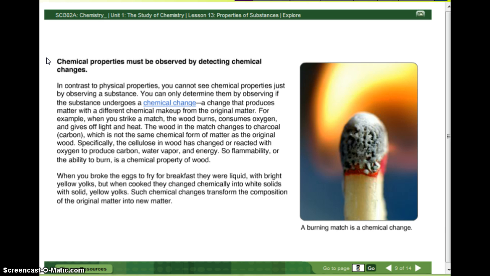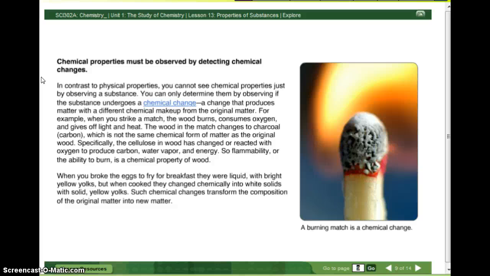All right, focus. Chemical properties must be observed by detecting chemical changes. In contrast to physical properties, you cannot see chemical properties just by observing a substance. You can only determine them by observing if the substance undergoes a chemical change, a change that produces matter with a different chemical makeup from the original matter.